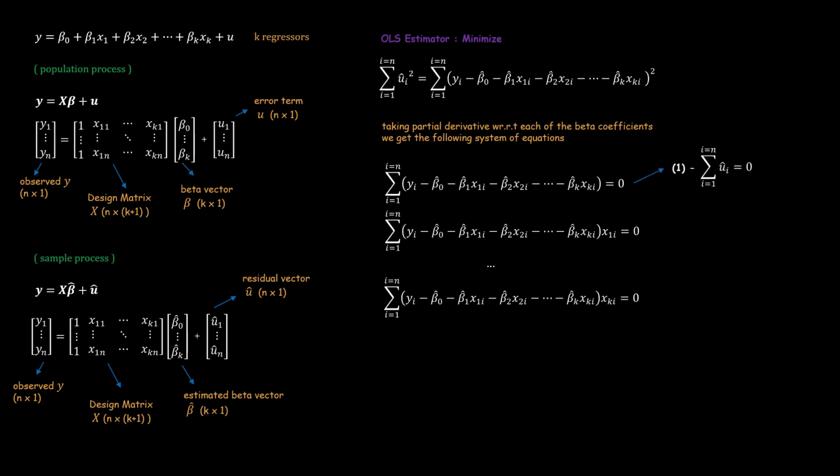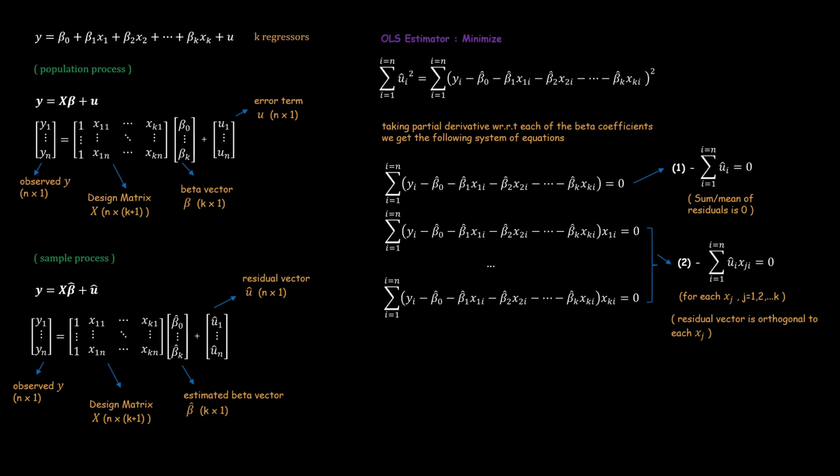It actually says the sum of residuals is 0, as we saw in the case of simple linear regression. The next k equations that come from differentiating with respect to each of the k beta coefficients say that the residual vector is orthogonal to each of the k regressors.